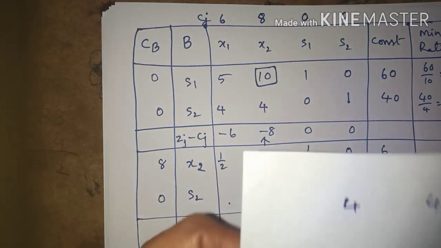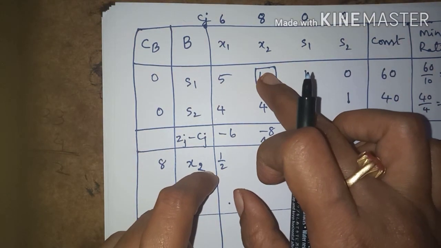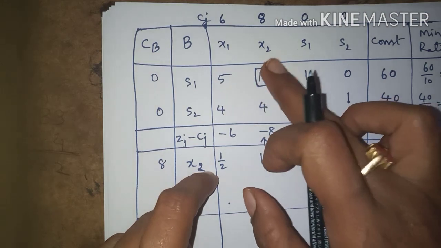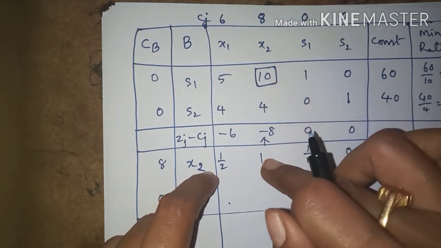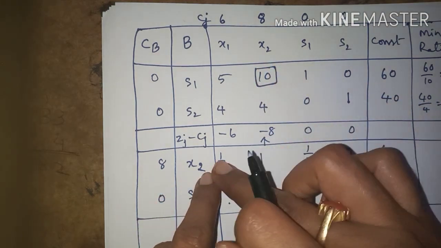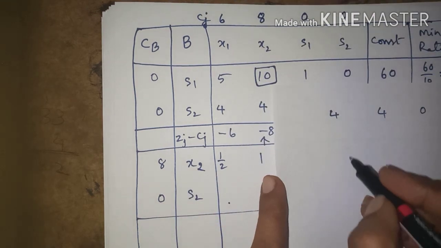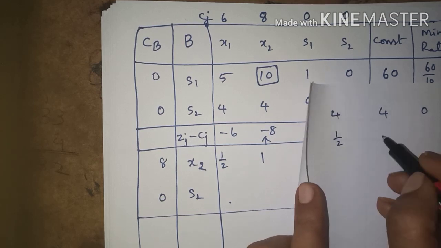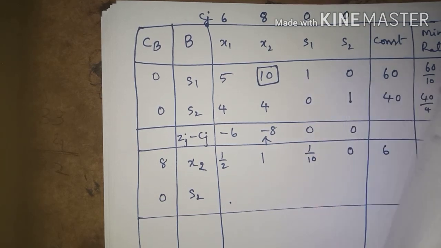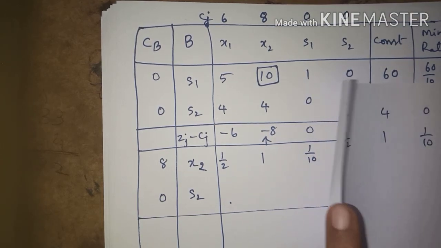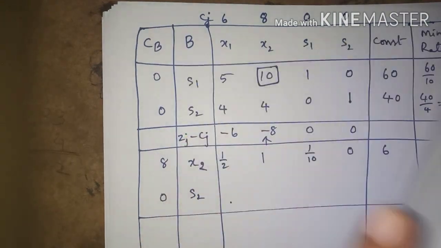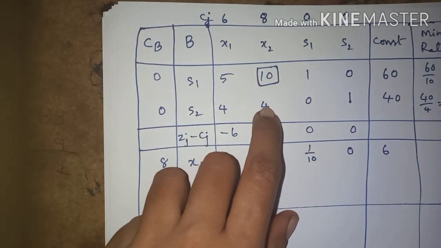After converting the pivot element into 1, whatever row you have got, write that row below it: 1 by 2, 1, 1 by 10, 0, 6. Now in which place do we have to get 0? In the second place, here 0.